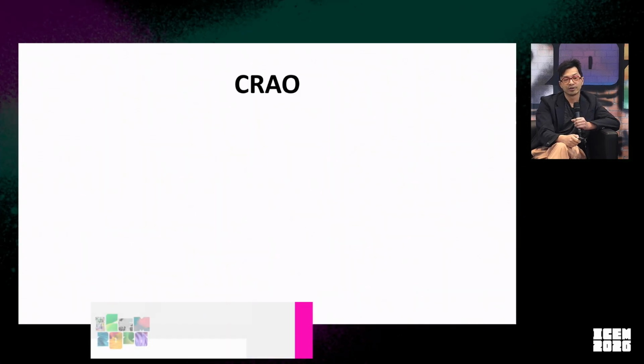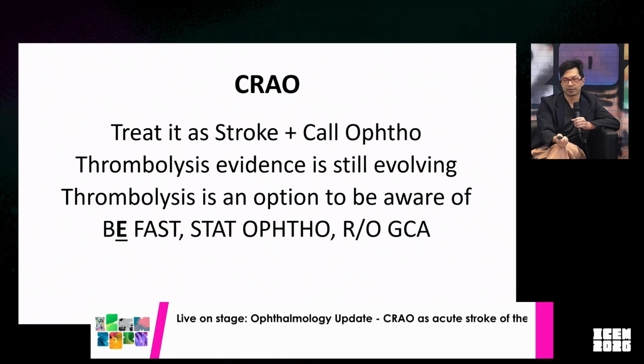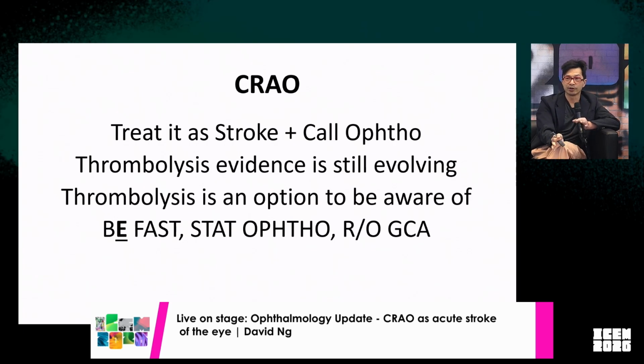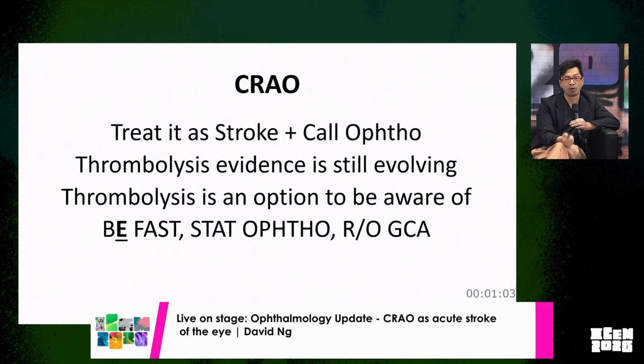So CRAO, let's come back. What are we going to do? What's it all about? Number one, you want to treat it as stroke, and you want to call ophthalmology, because ophthalmology is going to need to follow up these patients. Thrombolysis evidence is still evolving. Thrombolysis is an option to be aware of, although it's not a gold standard at present time for treatment.